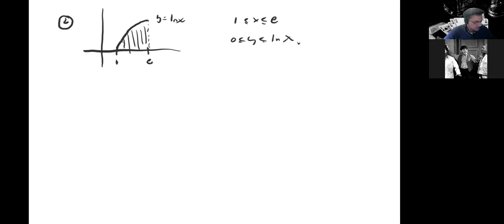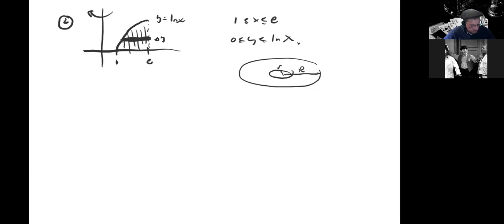Okay, so if we rotate this region around the y-axis, we're going to rotate it that way. We are going to get this little strip here of thickness delta y. It's going to generate a washer. And we have a big radius, and we have a smaller radius.